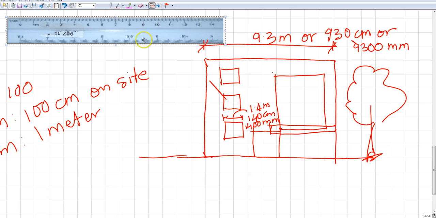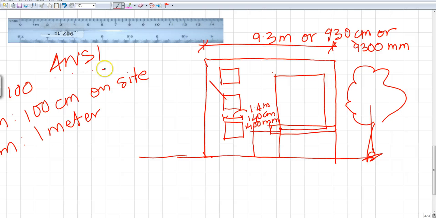Now again, because these are the standards set by ANSI. So what is ANSI? ANSI. So this is the national standard. So it's American National Standard Institute. Now these ANSI standards are used by architects, so it's really important to know what ANSI stands for.